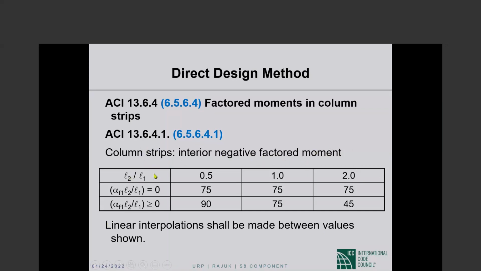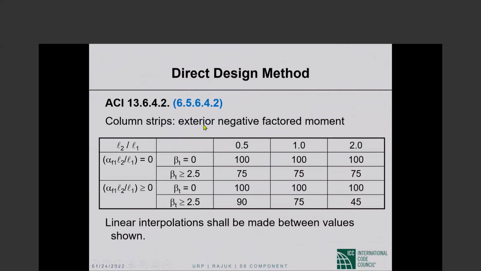It depends on L sub 2 over L sub 1 and whether we have column line beams or we don't. Our case is here, no column line beams, flat plate. So it is 75% of the interior negative factored moment going to the column strip, as I mentioned already. That's what this section and this table give you. Okay. So for no column line beam, 75% of the interior negative factored moment goes to the column strip, irrespective of the L sub 2 over L sub 1 ratio.